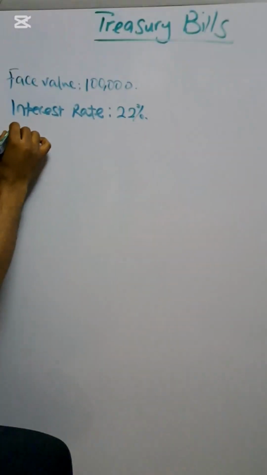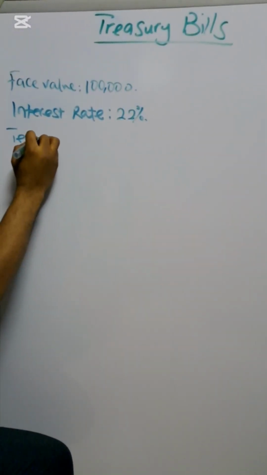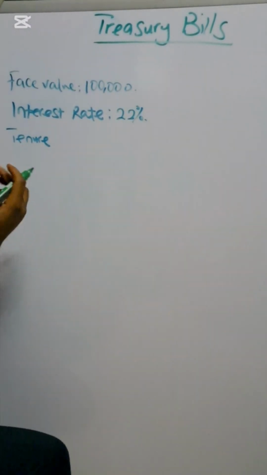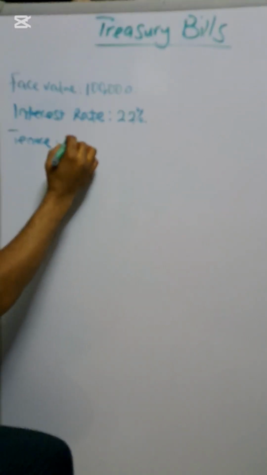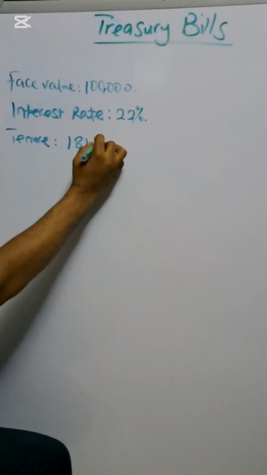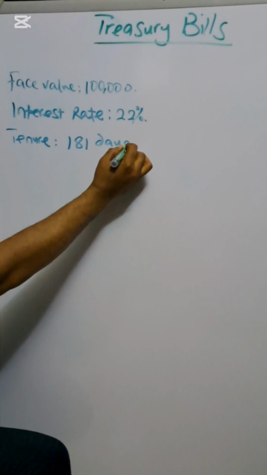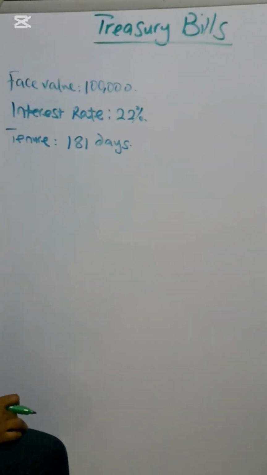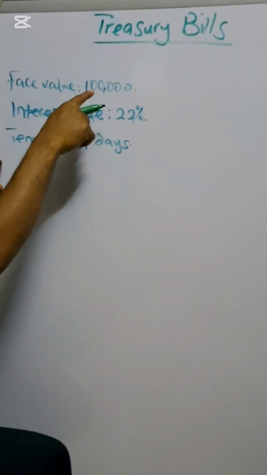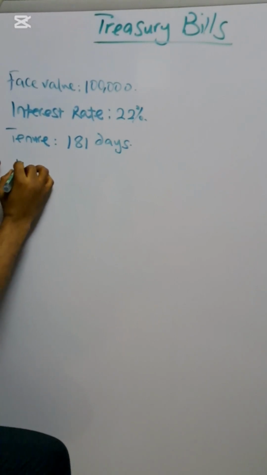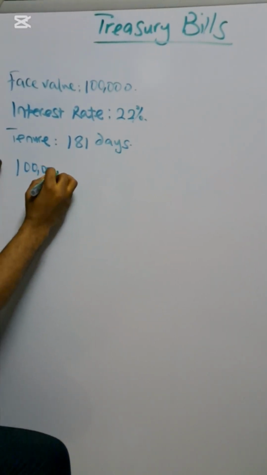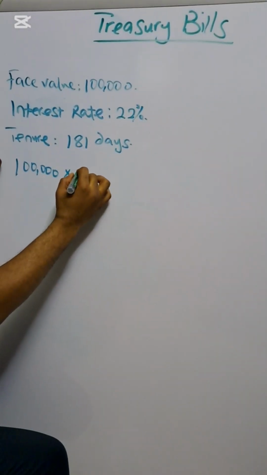All right. And then the tenor. Tenor means how long you want to leave your money with them. Let's say you have chosen 181 days.